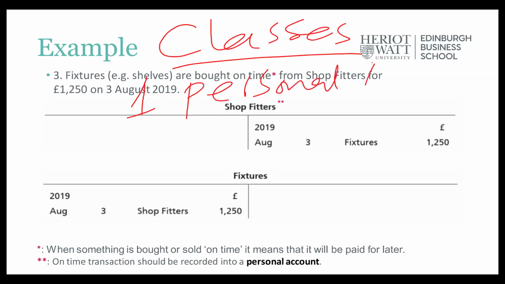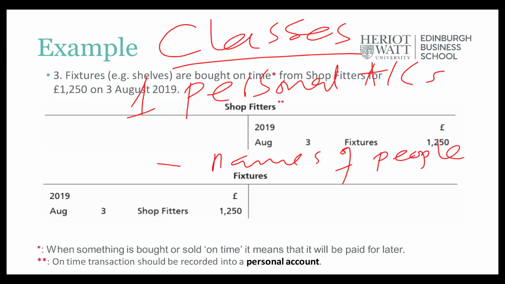Personal accounts. What are personal accounts? These are accounts where you record that involve the names of people. You get, right? Names of people, names of institutions and organizations.